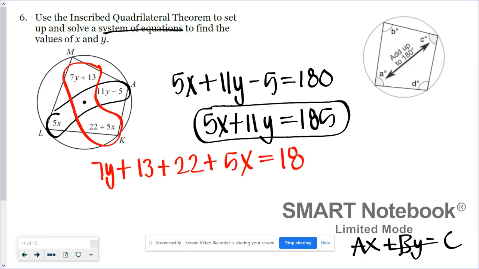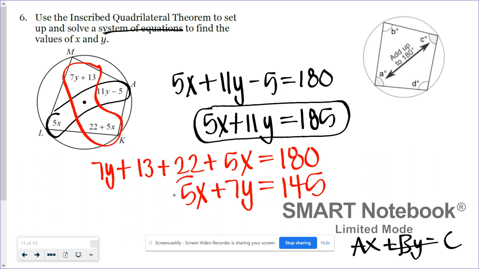And just like before, I would get this in standard form. So in standard form, we will keep 5x and 7y on the left-hand side, and I'm going to subtract the 13 and the 22 from 180. I'm going to end up with 145. Okay, so this is my system of equations.